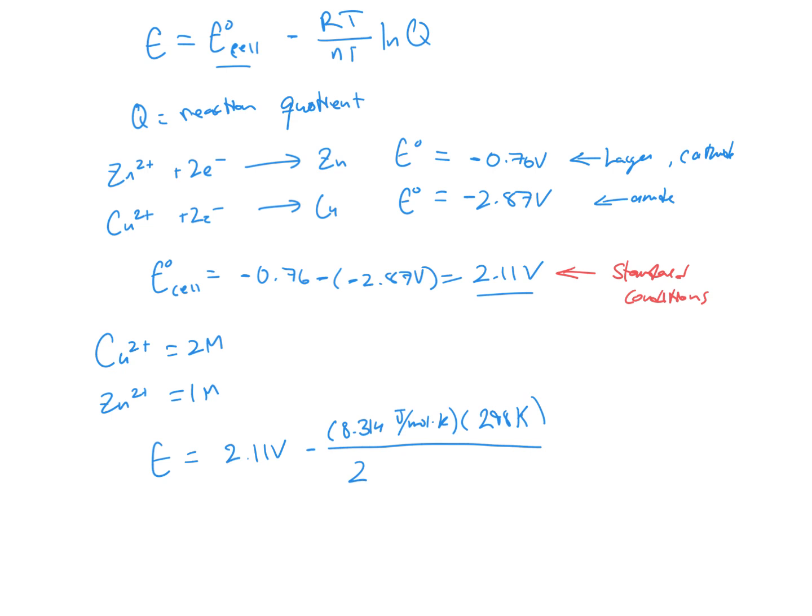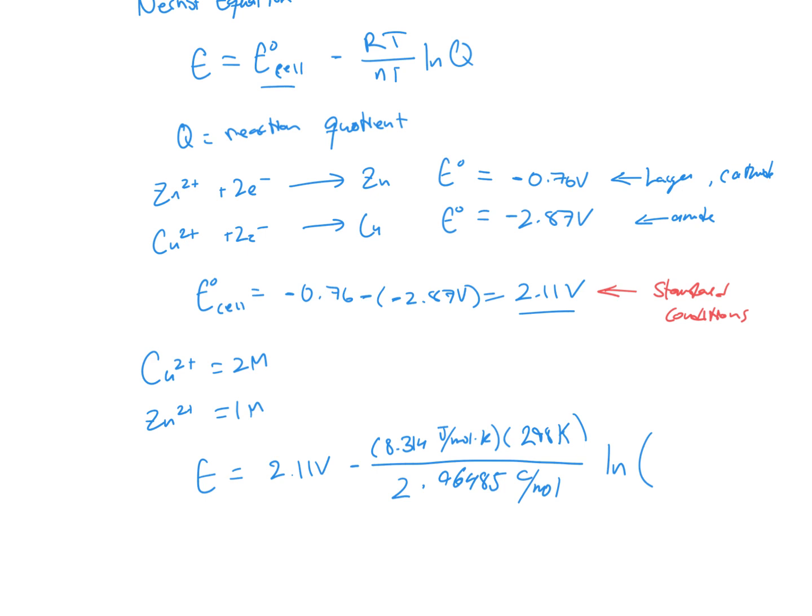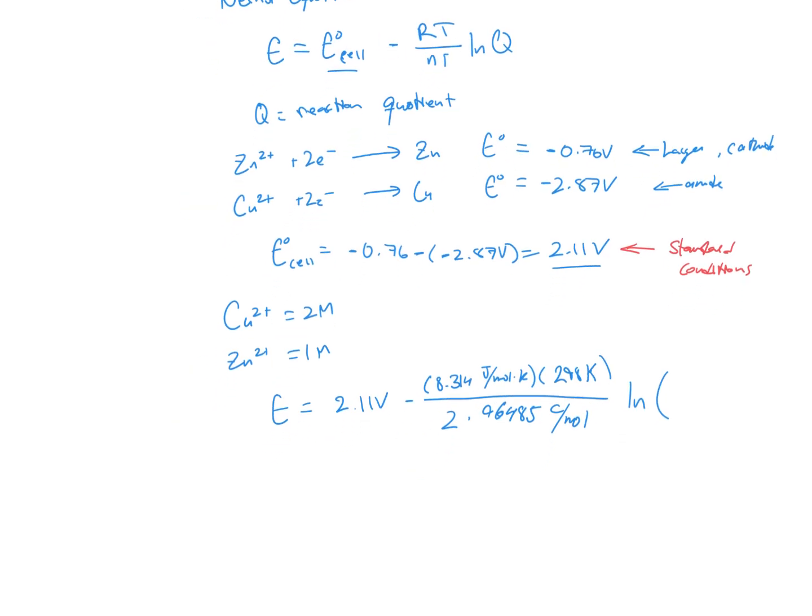And this will be times 96,485 coulombs per mole. And then we'd multiply all of this by the natural log of Q. And so now we have to look at this equation to figure out what my expression for Q is, because I obviously have 2 different equations here. We want just one. So I'm going to bring this down here.